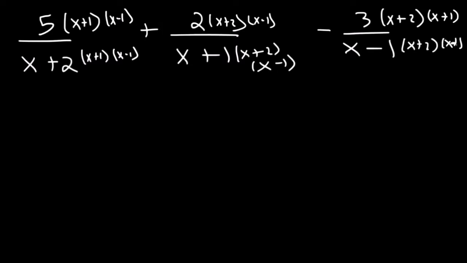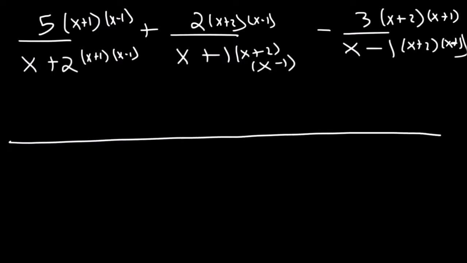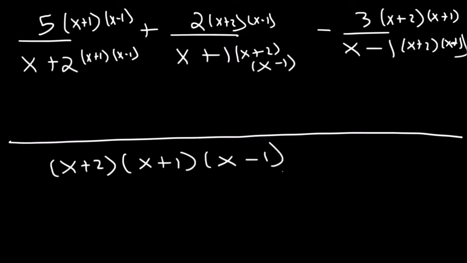Now notice that we're going to have the same denominator, which is going to be x plus 2 times x plus 1 times x minus 1. So we're going to combine everything into a single fraction.